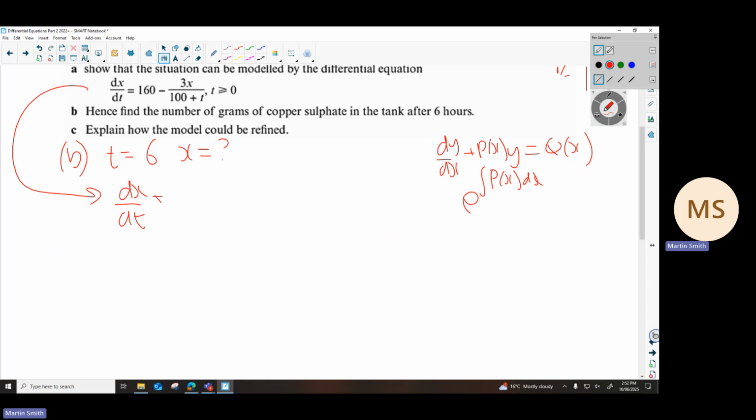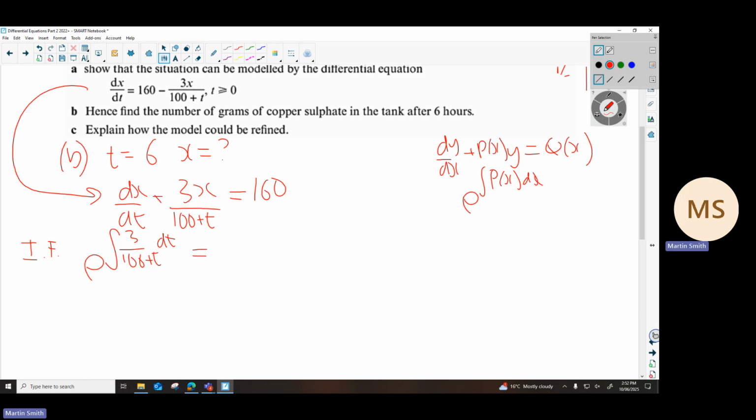So if I add the 3x over 100 plus t across, we get dx by dt plus 3x over 100 plus t equals, we still have 160 on the other side. So the integrating factor for this will be e to the integral of 3 over 100 plus t dt.